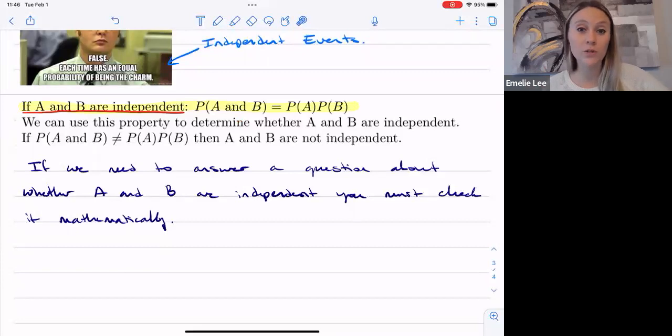If I've told you that these two things are independent, then yes, you may use this calculation. However, a lot of people will just multiply the two probabilities together to find the probability of A and B, and that's not necessarily true unless they're independent. So you have to be really careful.